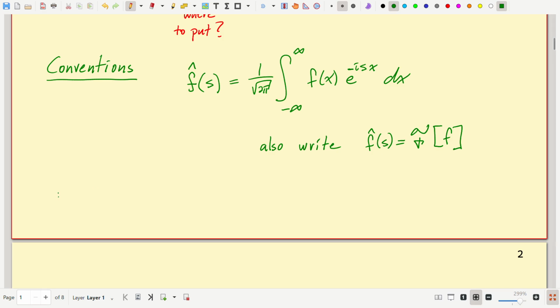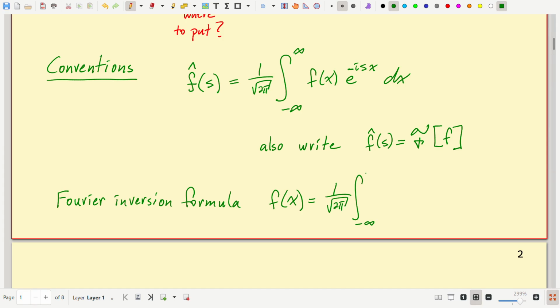And the Fourier inversion formula is that you get f of x back if you put another 1 over square root of 2 pi, so they both have that in them, integral from minus infinity, and it kind of looks like you're doing the Fourier transform again, except this time you do a plus i s x ds.